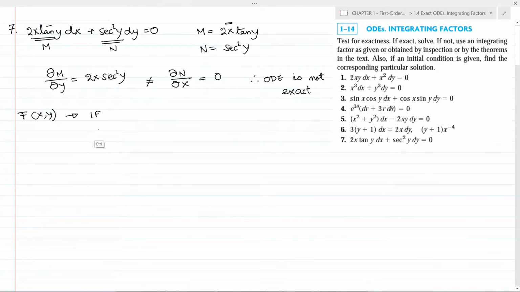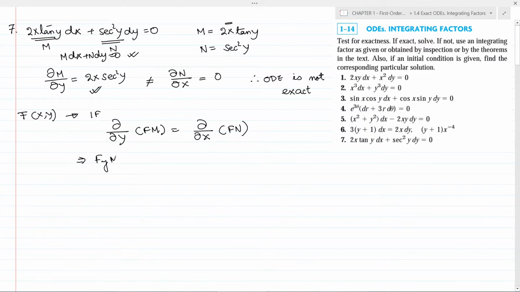If f of x, y is the integrating factor, then del by del y of fM should be equal to del by del x of fN, because if f is the integrating factor, when f is multiplied with this equation, which is in the form M dx plus N dy equal to 0, then multiplying f with this differential equation will reduce this non-exact differential equation into exact differential equation. This implies f_y M plus M_y f equal to f_x N plus N_x f.